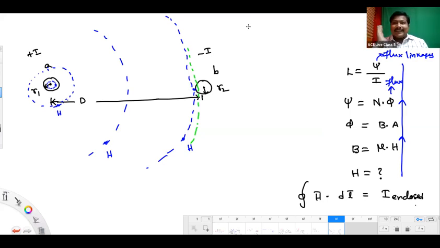Are you clear about this or not? Very simple point. To calculate the flux linkages produced by conductor A, we need to know up to what length conductor A will show its effect. That is only up to the surface of conductor B.